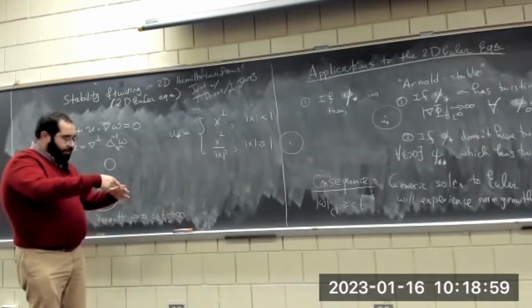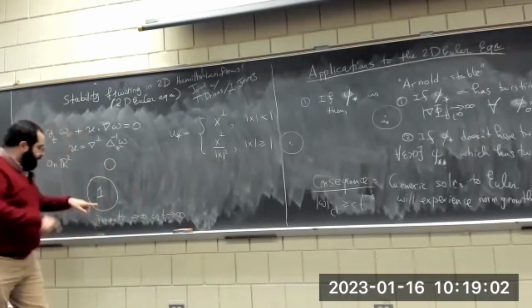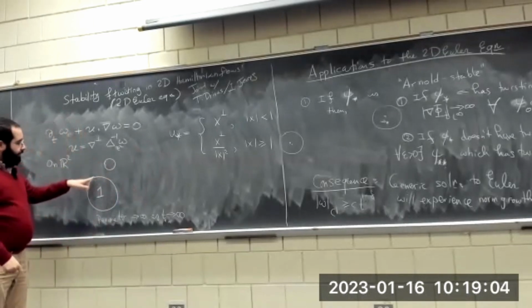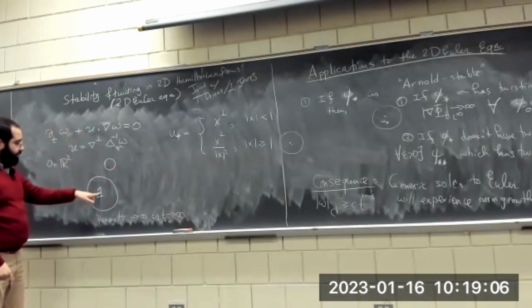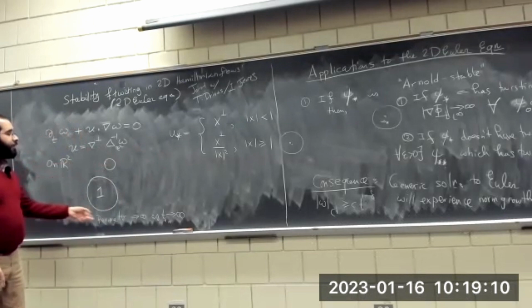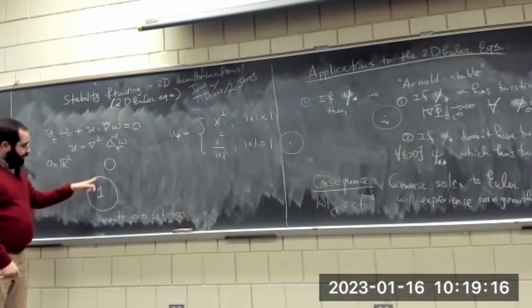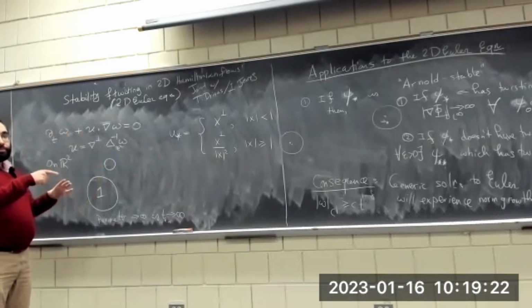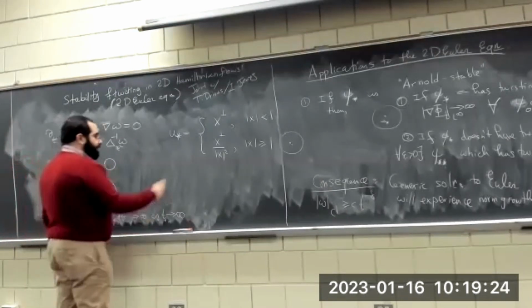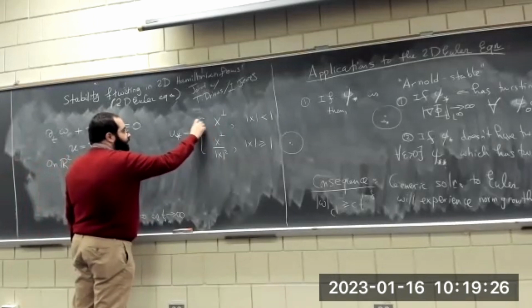So inside, all particles go around the center, right? All of the level sets of the stream function, all of the particle trajectories go around in circles. In the ball of radius 1, they go around in time 2 pi, so the period inside the ball is 2 pi.